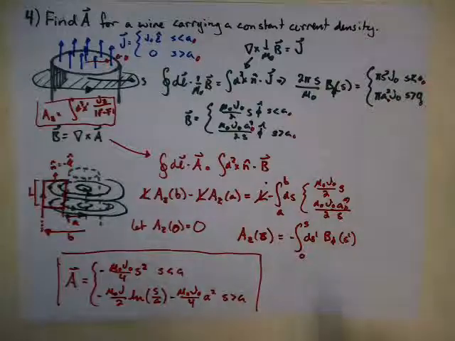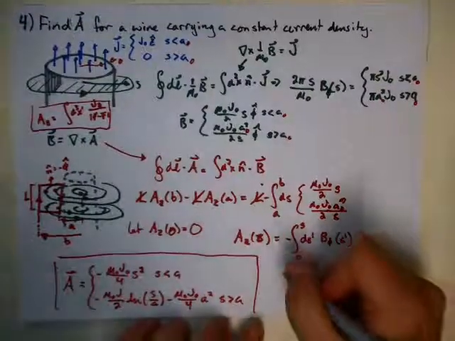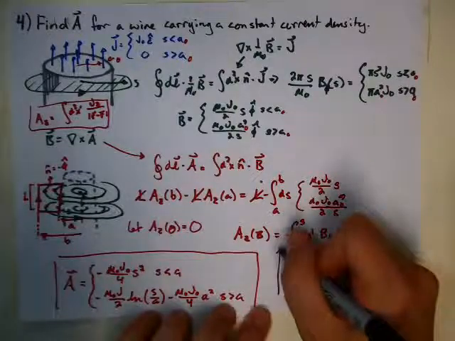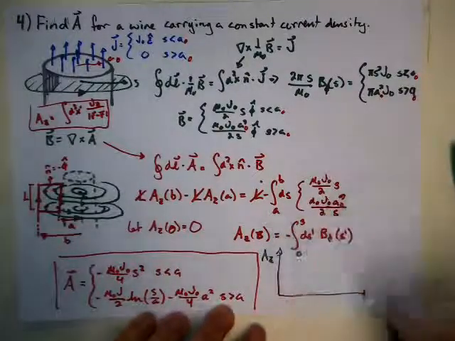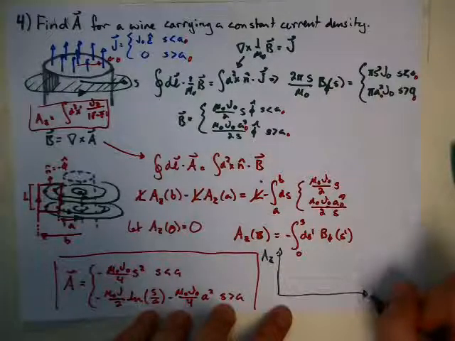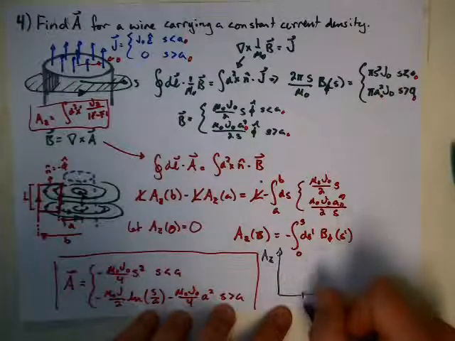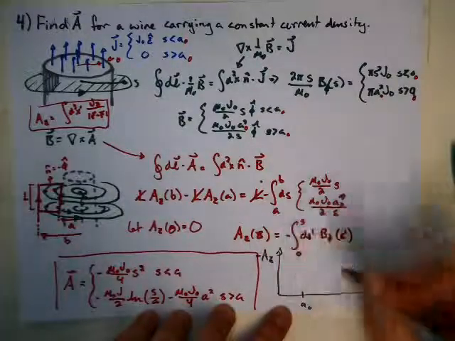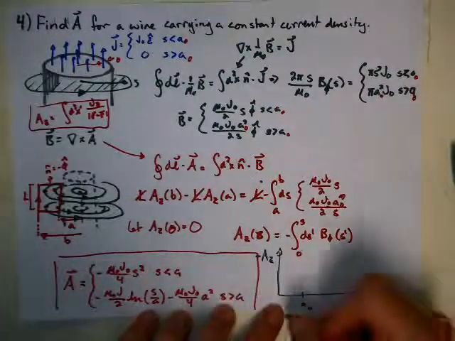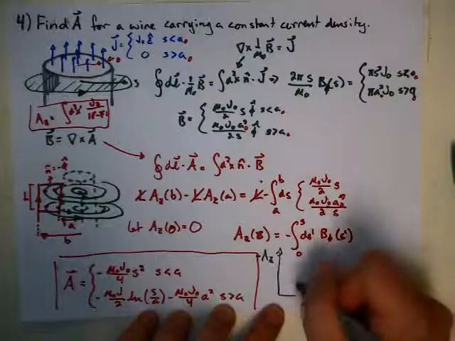Finally, I might want to plot what this looks like in this case. Going through and doing that plot, we're going to call this the A z, and we're going to call this s. We're going to make this point right here a naught. Let's make this minus A z because I didn't give enough room to plot in the negative sense.